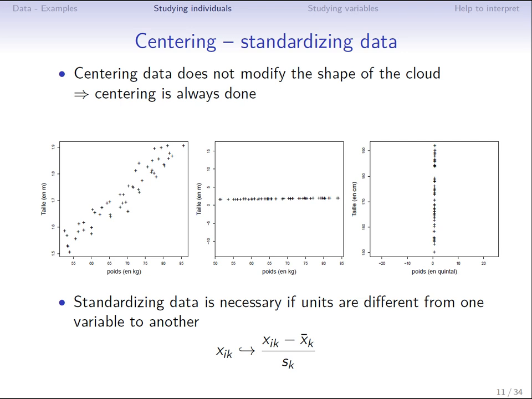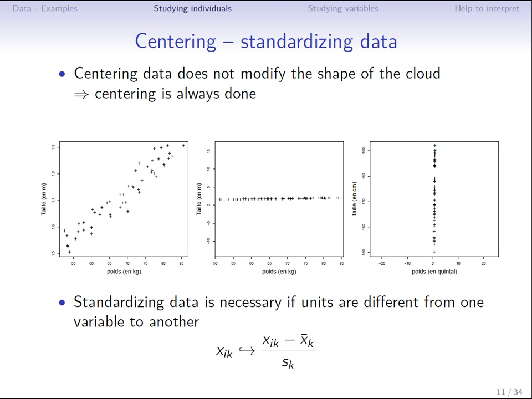An idea is to reduce the data, to standardize the data. If variables are standardized, variables have no units. They are therefore comparable. So the data reduction is essential if the units of measurement are different from one variable to another. Now, if the variables are in the same units, variables can be reduced or not.